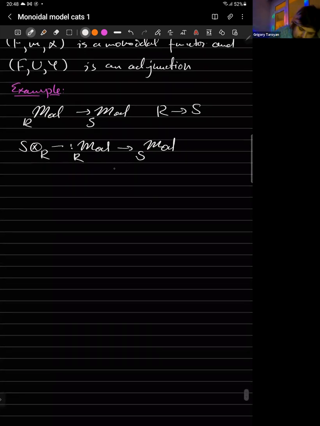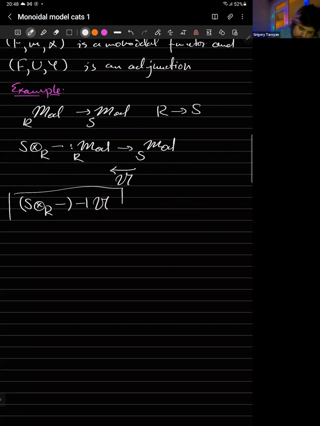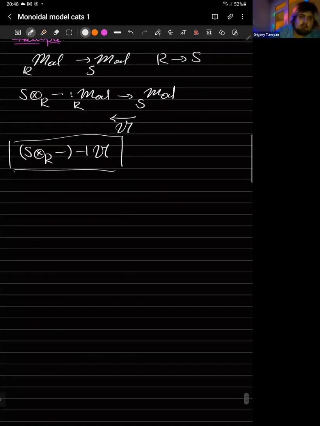We actually have a forgetful functor in another direction, which forgets multiplication by S and remembers only multiplication by R. And so we can form an adjoint pair, which consists of these two guys. Okay.